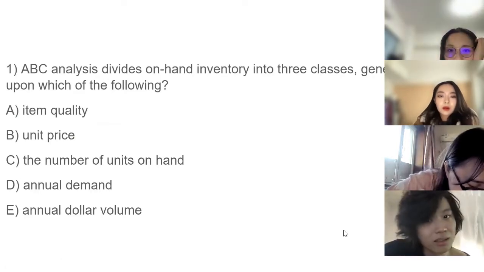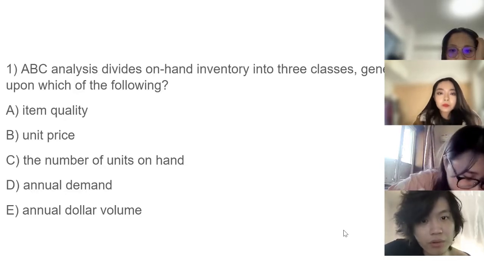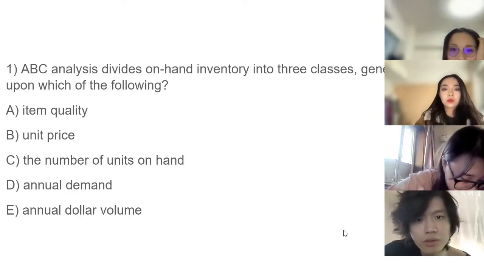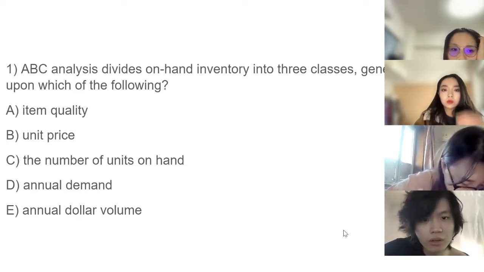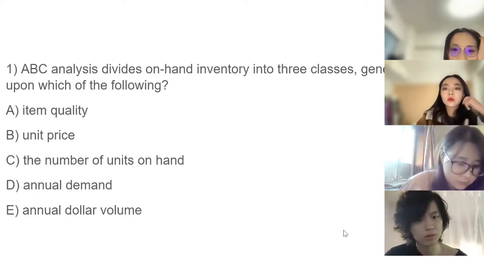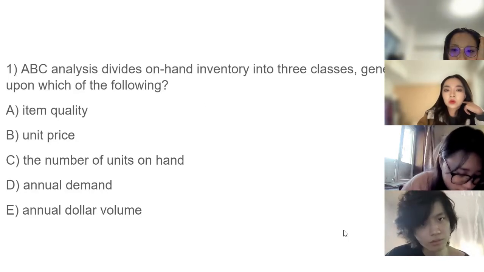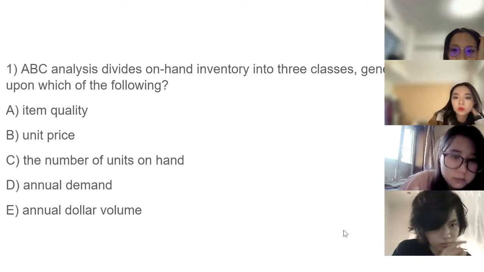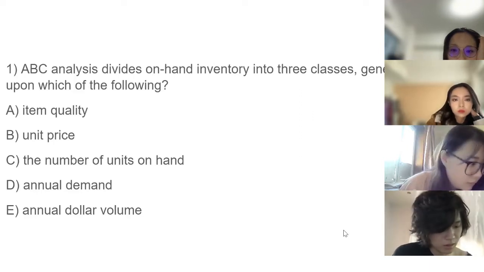ABC analysis divides inventory into 3 classes based upon the following. First person got it right. Second person got it wrong. Third person got it right. Fourth person got it right.